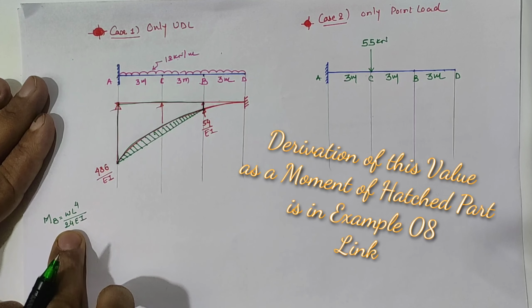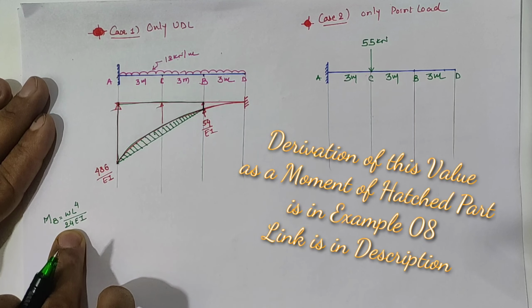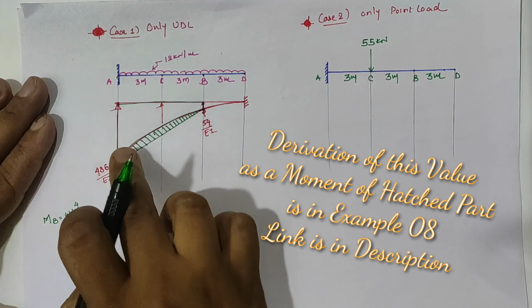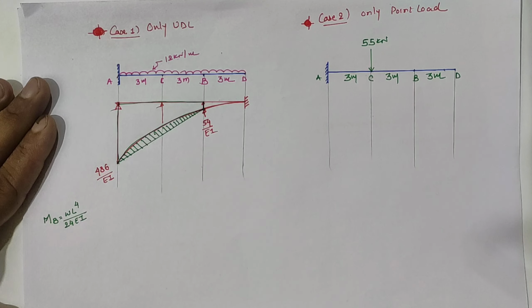The derivation of this moment is described in example number 8, and the link for example number 8 is in the description. So you can take the concept of WL raised to 4 by 24 EI as the moment of this hatched part from example number 8.